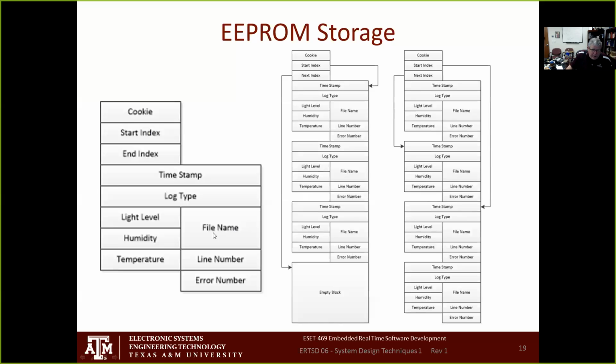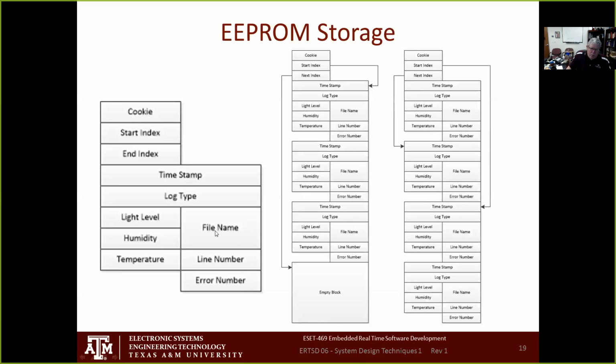So let's talk a little bit about the kind of information that I put in here. And file name. So maybe these are just bytes or words or something. Think of this as a union: depending on what the log type says, it's either this information or that information. One of the things we can do is create macros when we're creating error messages that have a file name, the line number, and then some sort of an error number associated with things.